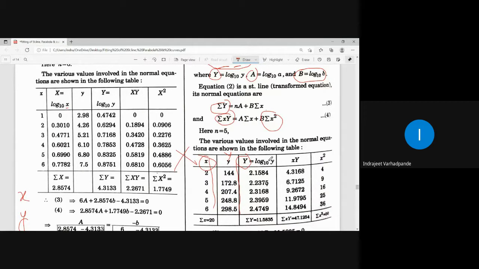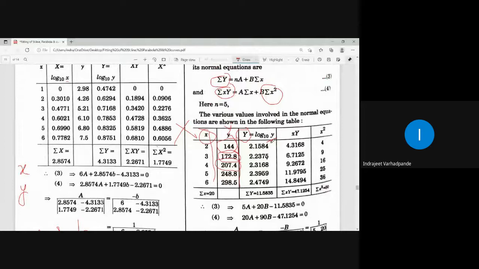Capital Y is log to the base 10 of small y, means log of 144, log of 172.8, log of 207.4. Accordingly, all the values are generated. This is a column for capital Y. Take the addition, summation of capital Y will be generated.